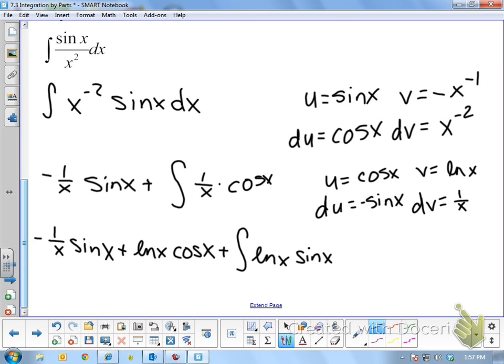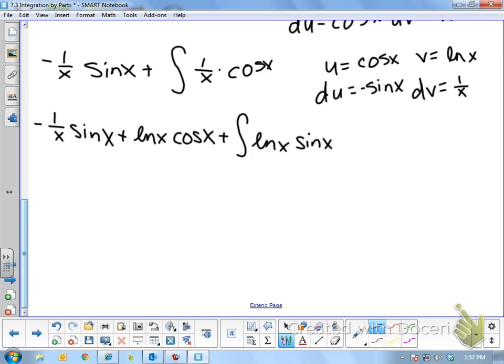Okay, I think I see a way to solve it, but it's not something you would need for the AP test. But do you want to do it anyway? Yeah. Okay, so now I'm going to pick u as ln, dv is sine, du would be 1 over x, v would be, integral of sine is negative cosine.